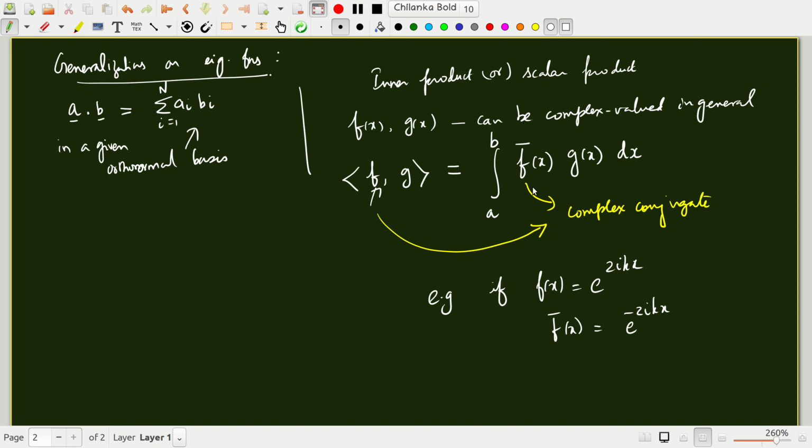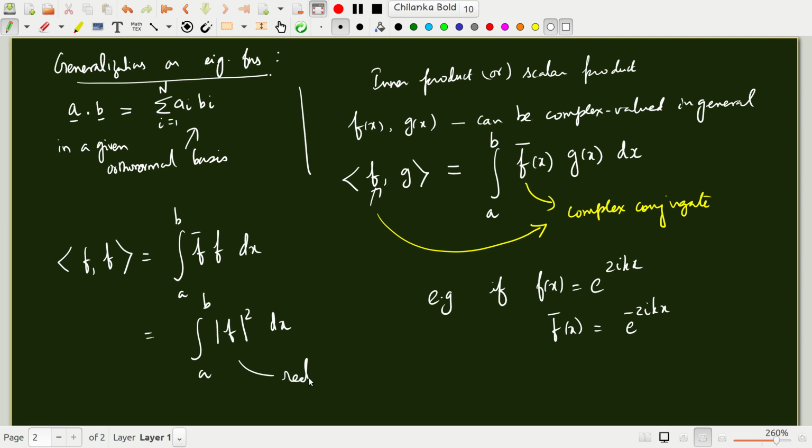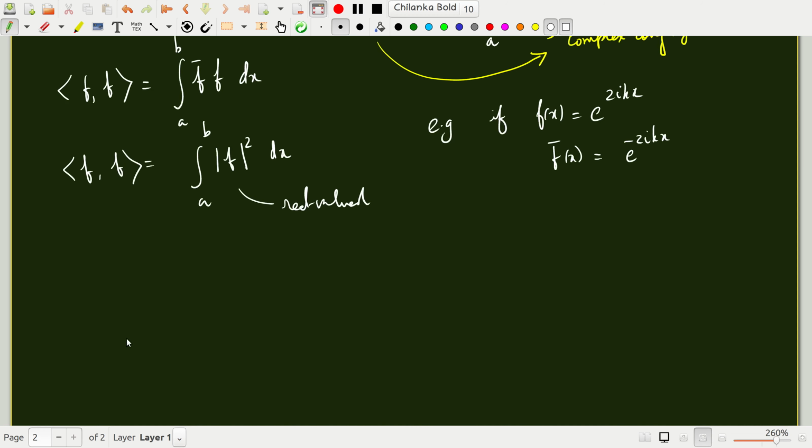The reason why we are using this is because if I take the inner product of f with itself, then by our definition you will get the integral of f bar f dx. Now this is nothing but if you multiply a function by its own conjugate, then you will get its modulus squared. So this is real valued. You want in some sense the inner product of a function with itself to be real valued.